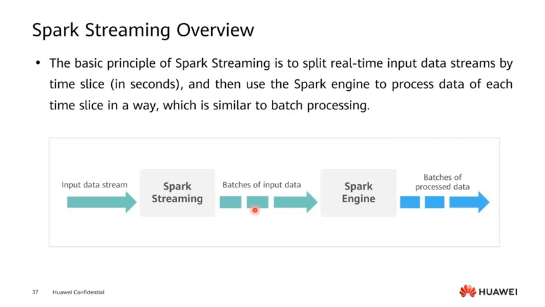One more thing to notice is that Spark Streaming provides a high level of abstraction called discretized stream or D-stream, which represents a continuous stream of data. These streams can be created either from input data stream sources such as Kafka, Flume, or by applying high-level operations on other D-streams. Internally, a D-stream is represented as a sequence of RDDs.